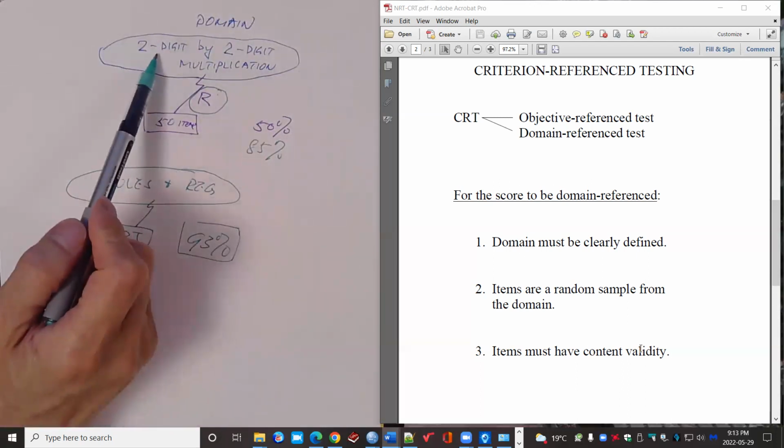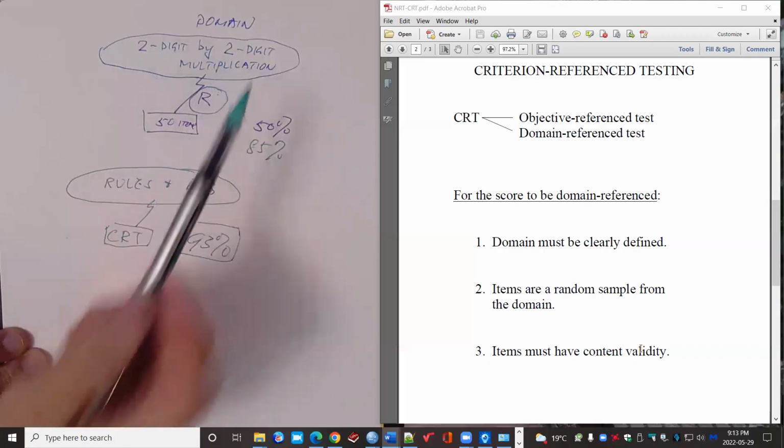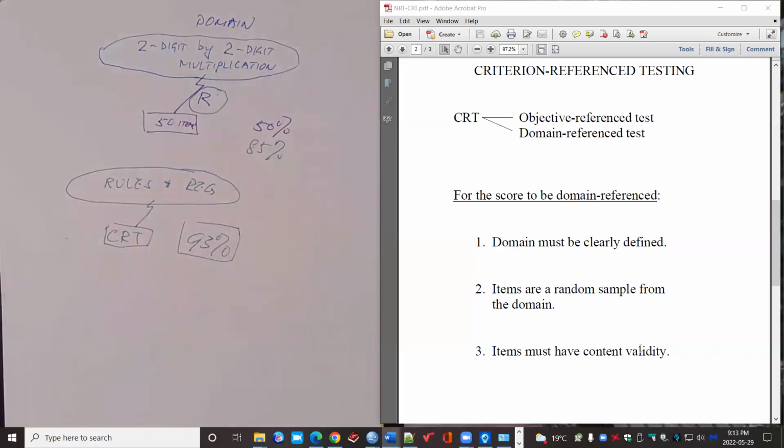The domain, or the objective, is to know two-digit multiplication, and all the test items must be measuring this. So that is what we mean by criterion reference content validity.